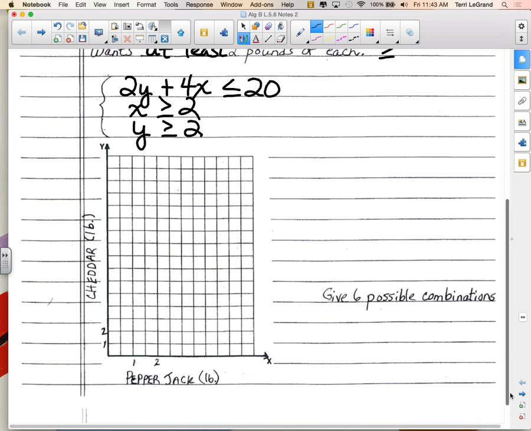Okay, so now, let's get those 3 ready to graph. So we'll take our first one, which is in what form? Standard form. So we need to get it into slope-intercept form, so we'll do that first. 2y plus 4x is less than or equal to 20. So go ahead and get that one rearranged for y.